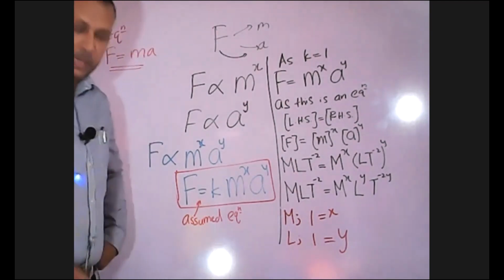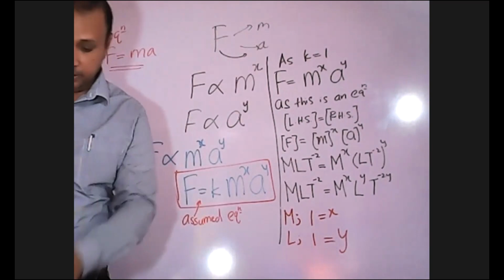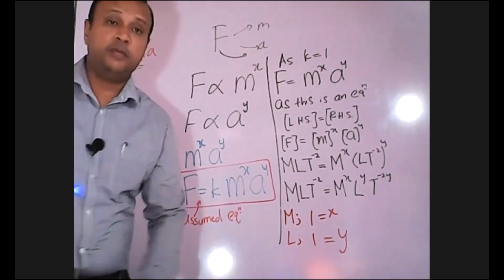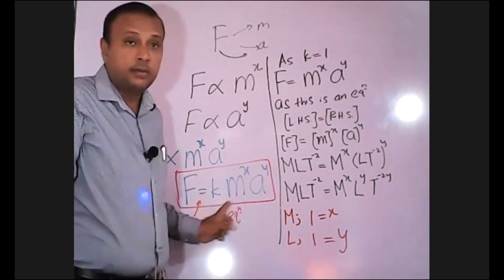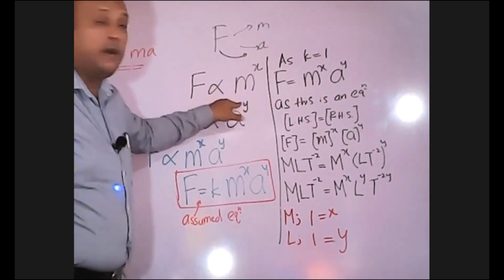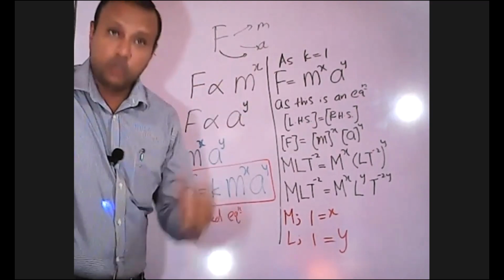According to our definition of direct proportionality, there should be a constant. If any two physical quantities are directly proportional, the ratio between them should be a constant.